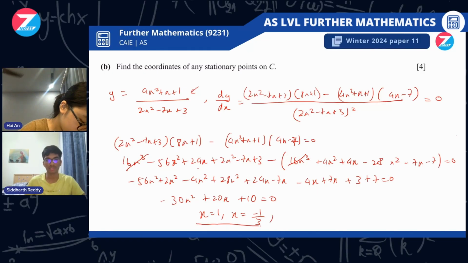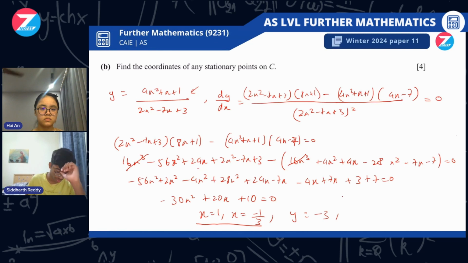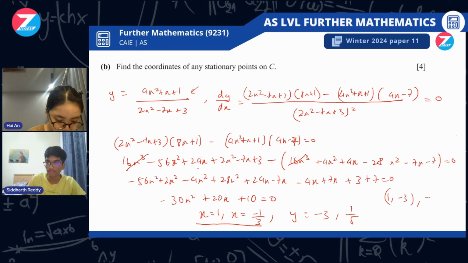Substituting these x values into the original function, y is equal to (4x squared plus x plus 1) over the denominator, we get y is equal to minus 3 at x is equal to 1, and it's equal to 1 by 5 at x equal to minus 1 by 3. So these are the 2 points, 1 and minus 3, and minus 1 by 3 and 1 by 5.